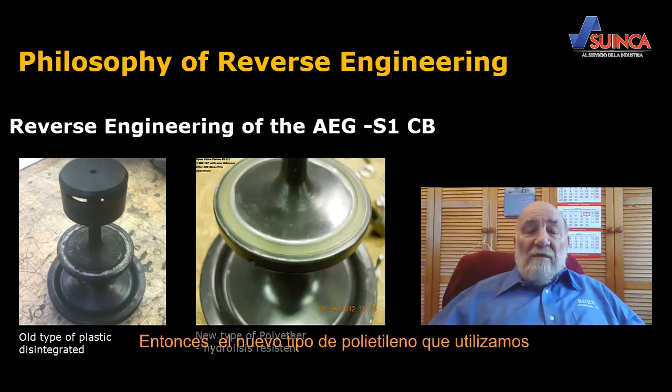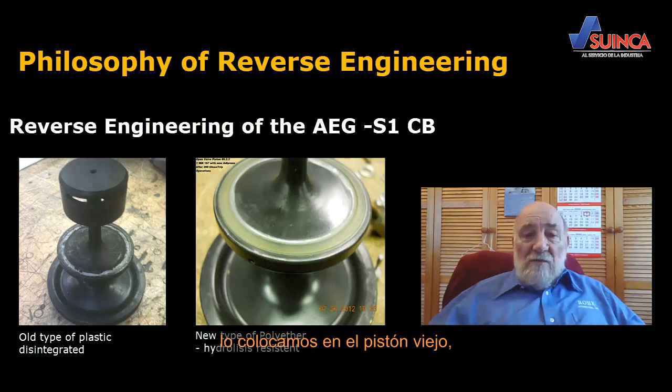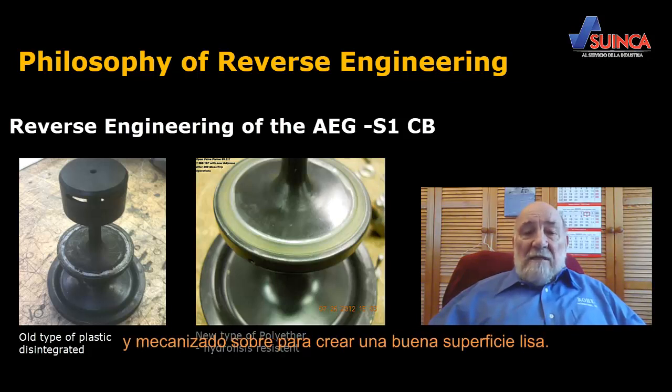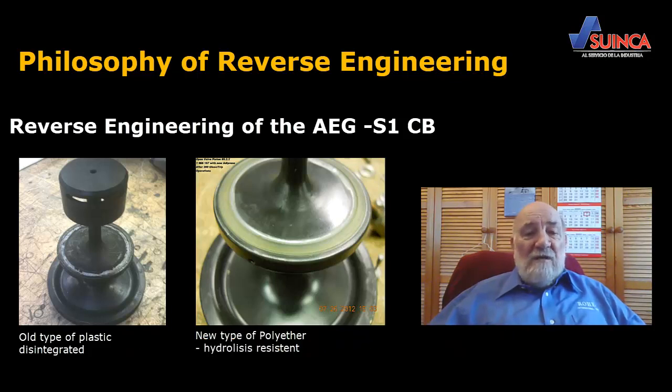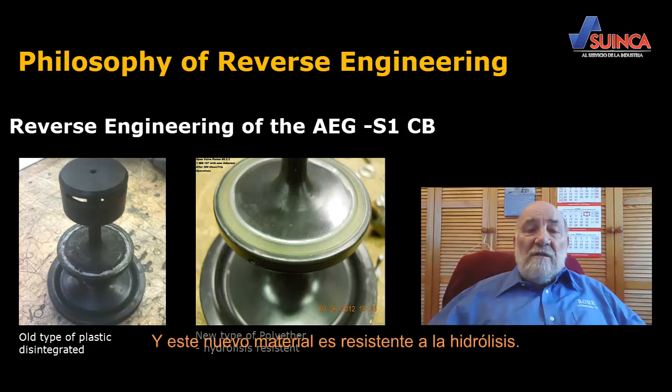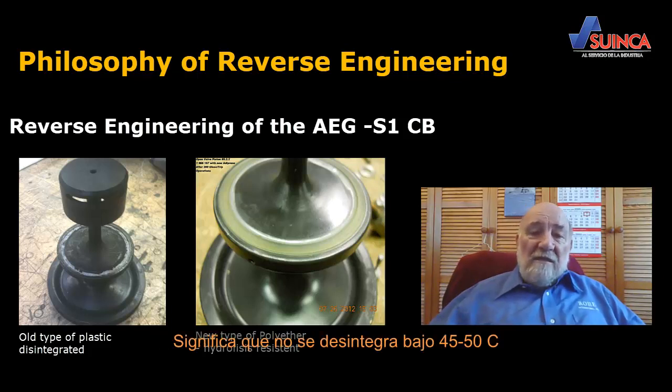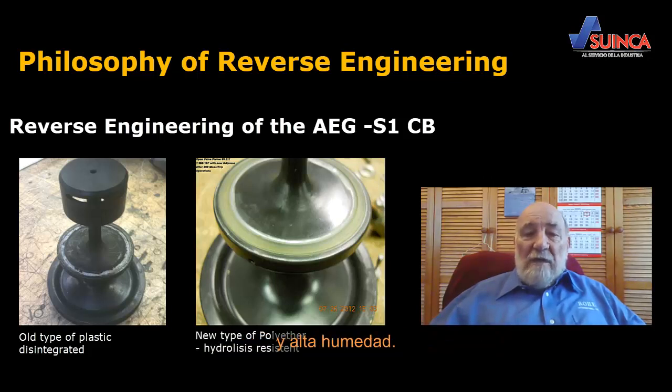So the new type of polyether we cast in the old piston and machined over to create a good smooth surface. And this new material is hydrolysis resistant. It means it does not disintegrate under 45, 50 degrees Celsius and high humidity.